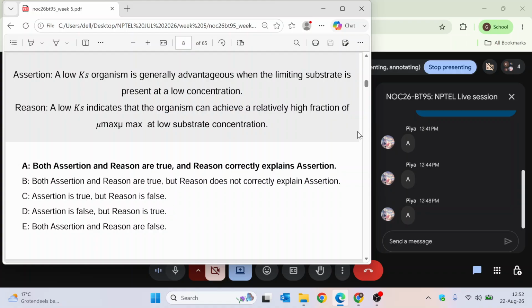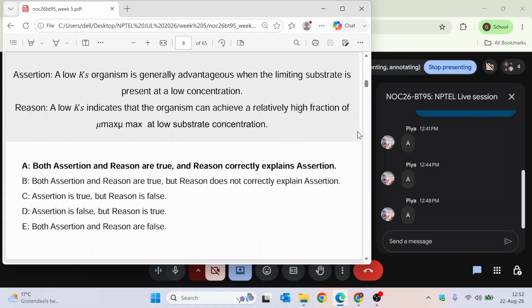So a low Ks allows the organism to grow at a specific growth rate which is very near to its mu max value. That is the relationship between the affinity of the microorganism for the substrate and its growth rate. Based on the kinetic equation, we can tell that at low Ks, mu is going to approach mu max very closely.